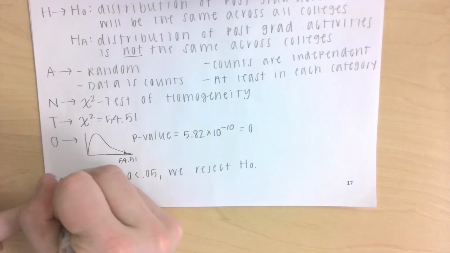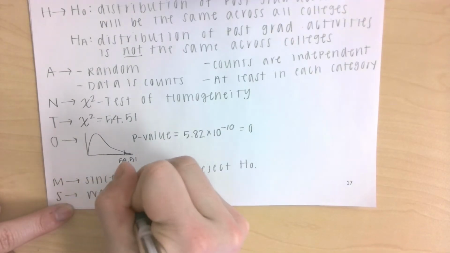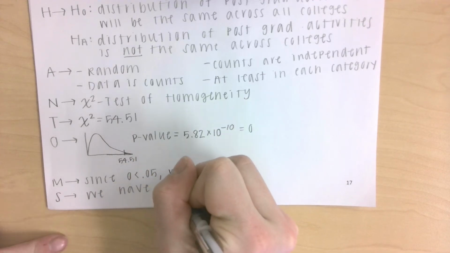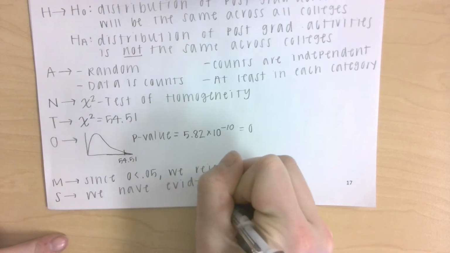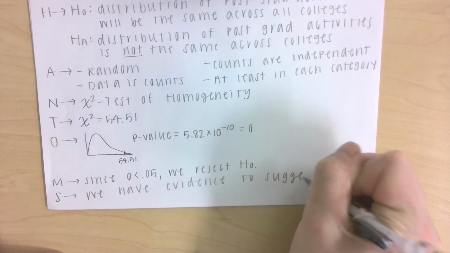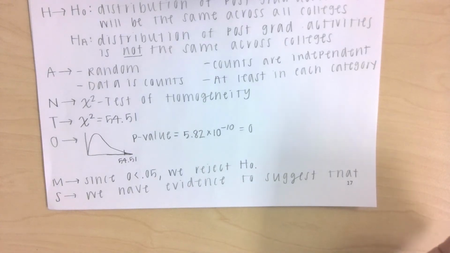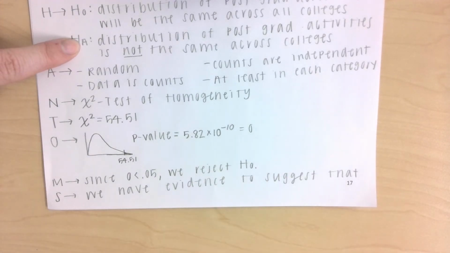Okay, if we reject the null hypothesis, that means that we have evidence to suggest that our alternative hypothesis is true. So this means we have evidence that the distribution of post-grad activities is not the same across the colleges.